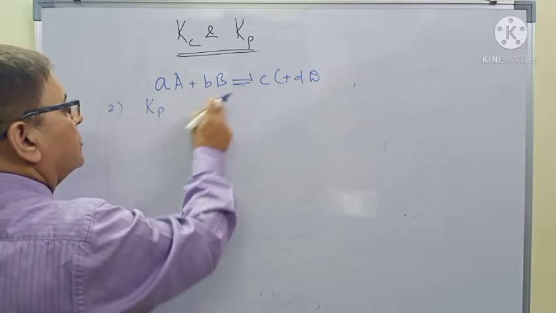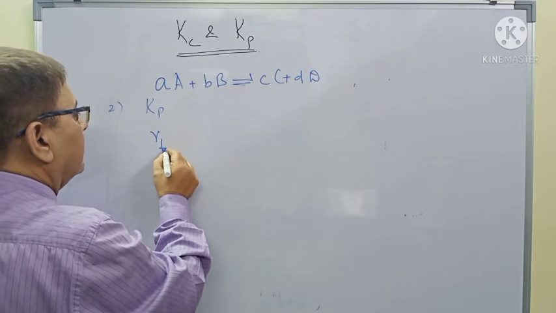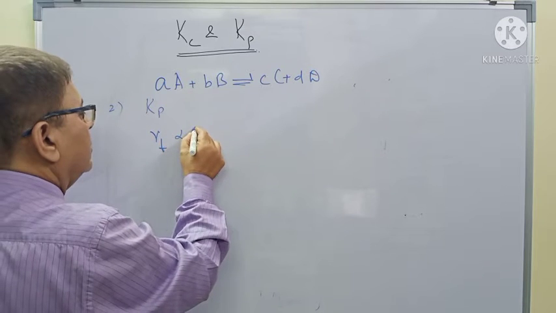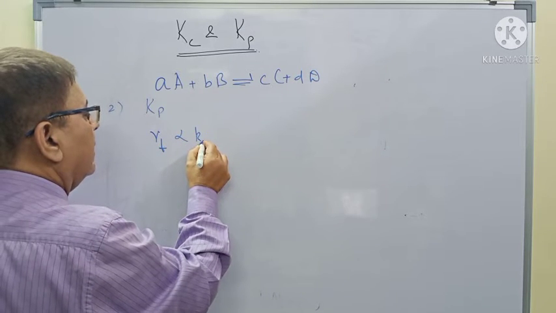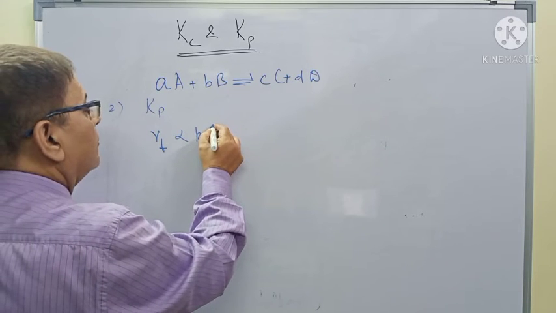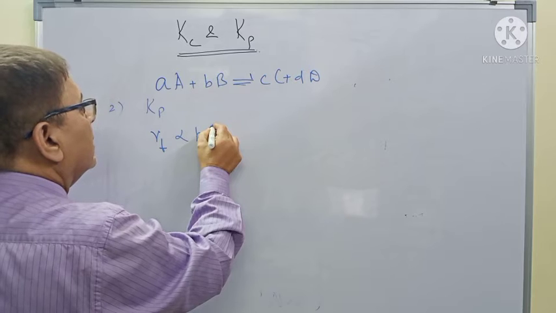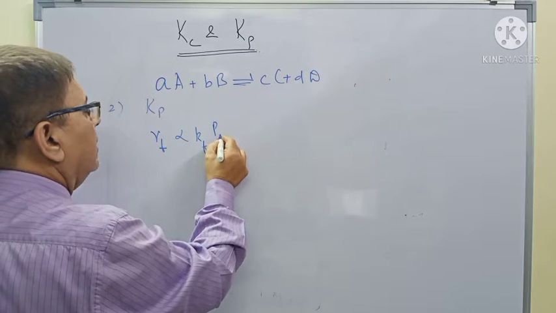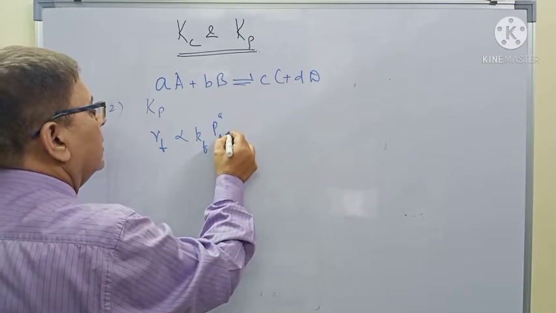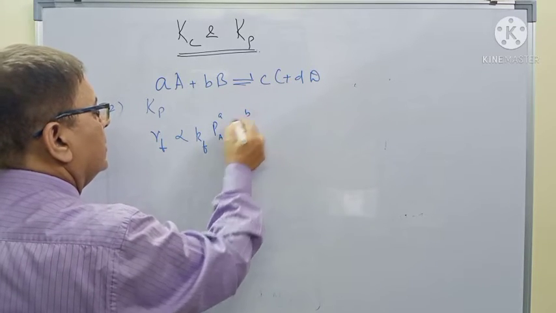Apply the law of mass action to the forward reaction. Rf is directly proportional to Kf and the partial pressure of A raised to a into the partial pressure of B raised to b.